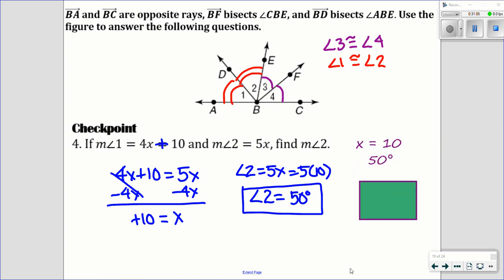There you go. So pay attention also, if they ask you to find an angle, they're not asking you just to find x. You need to find the angle. You need to plug that x into the equation or expression to solve for the angle.